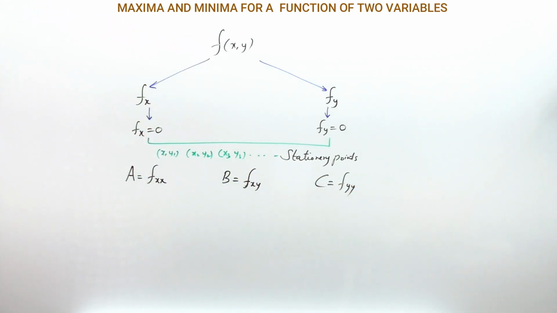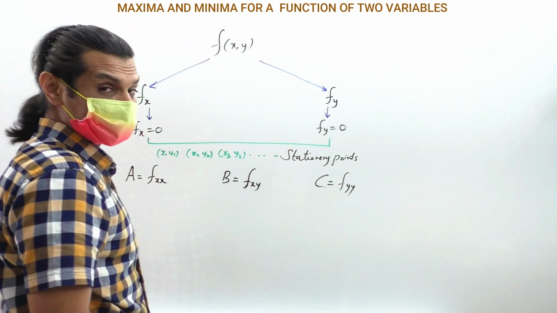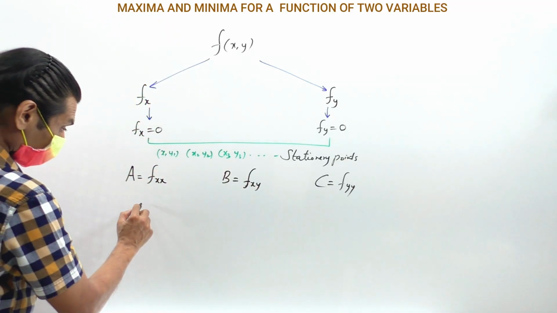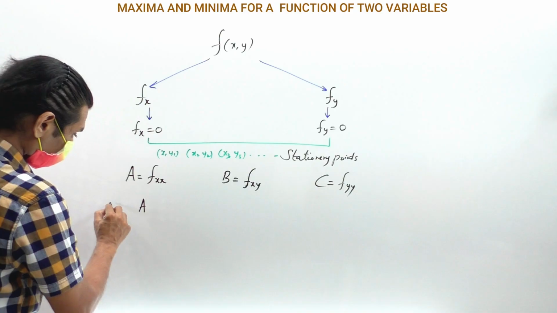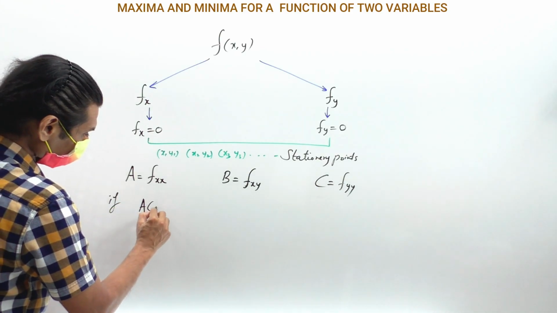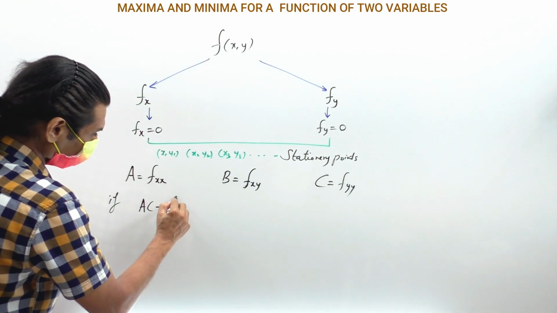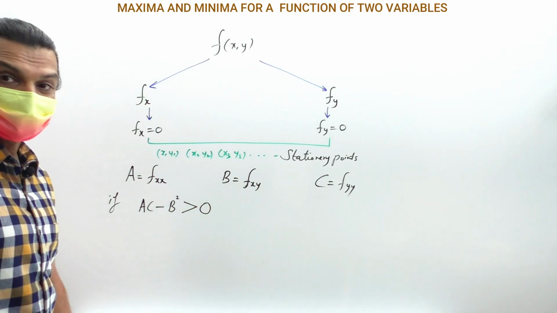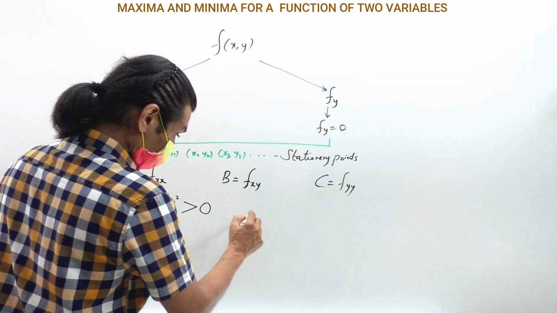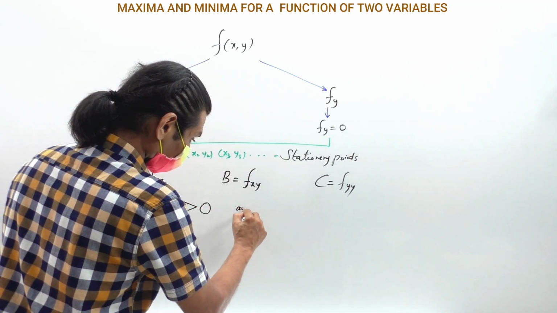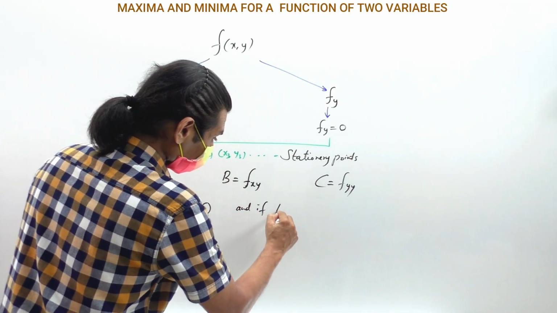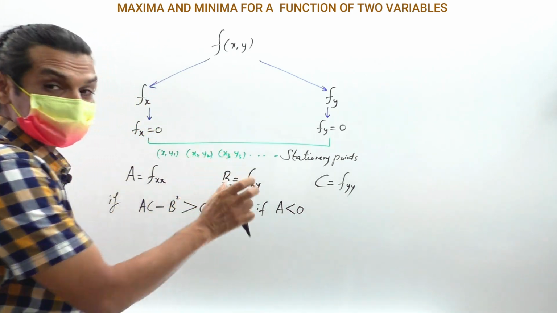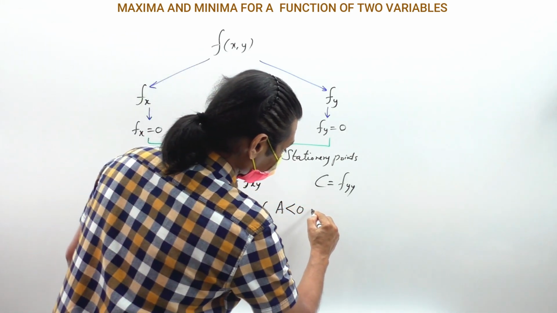Fine. Now with this and the stationary points, we have the conditions. What are the conditions? Very, very important conditions. The conditions are: if AC minus B square greater than 0, very important condition, and if A lesser than 0, that point is called as what point?